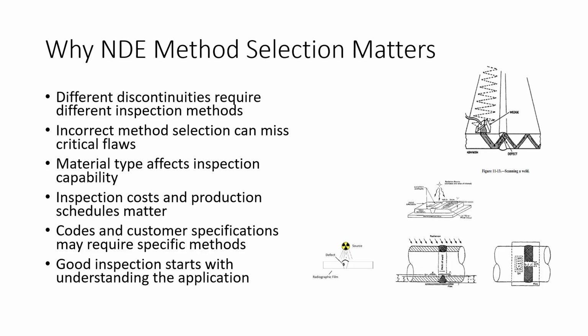Or how about inspection costs and production schedules? If we can use ultrasonic testing instead of radiographic testing, that's going to save us a lot of cost and production schedule sometimes. Because when we use radiography, we need to shut down an area a lot of times so we don't fry a bunch of people.